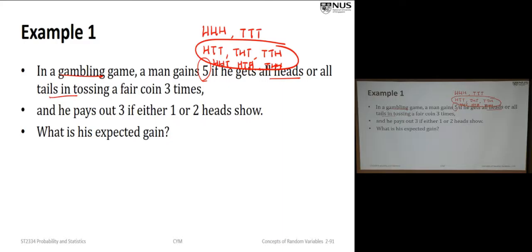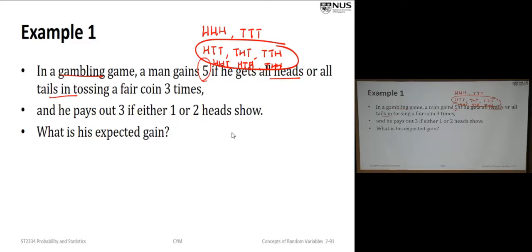So what it means is that I have these 2 possible values, one is 5, the other is -3. So ask yourself, how likely will I get 5? It's equivalent to getting 3 heads or 3 tails, which is 1/4.